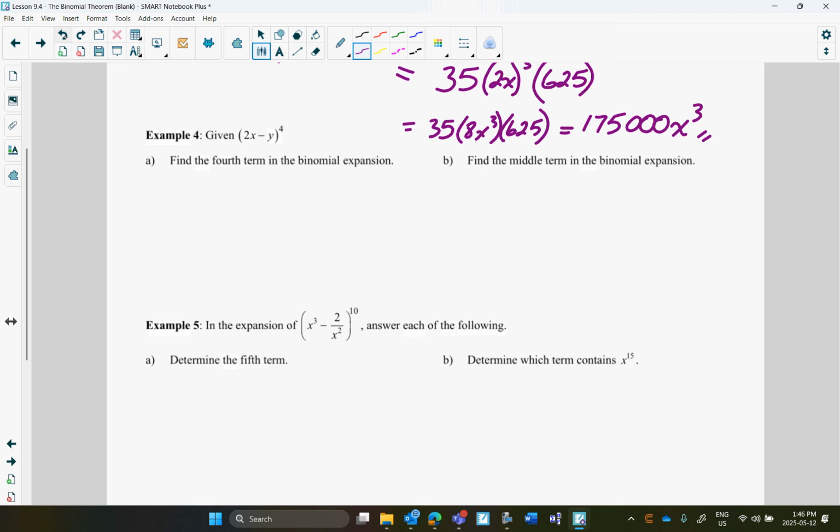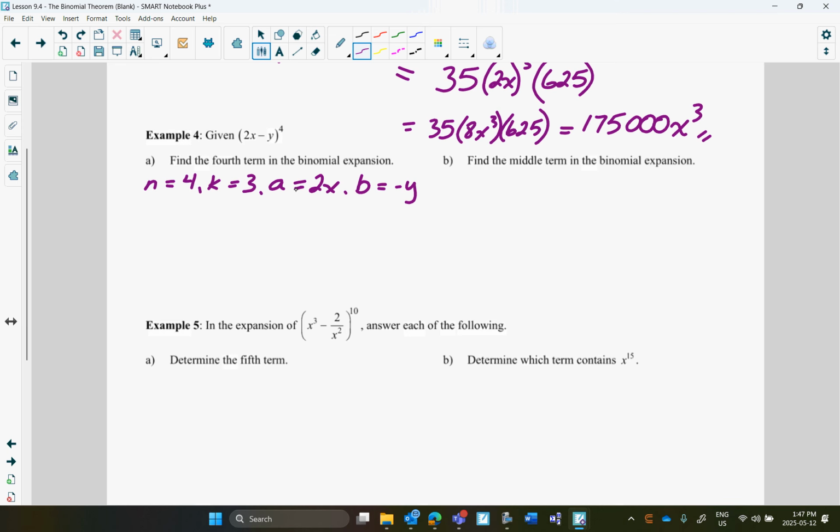Find the fourth term. Okay, what's n? 4. What's k? 3. What's a? 2x. What's y? -1. Minus y. And then it's a matter of using your formula to plug it in.